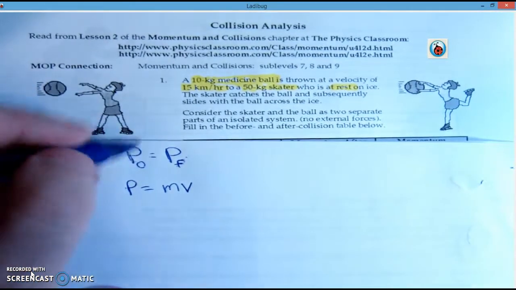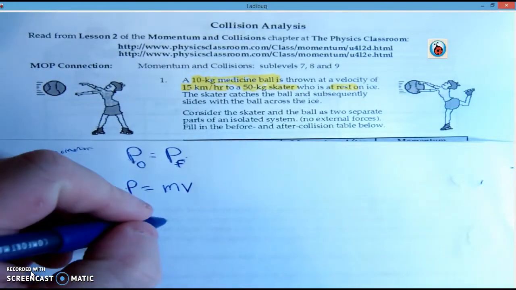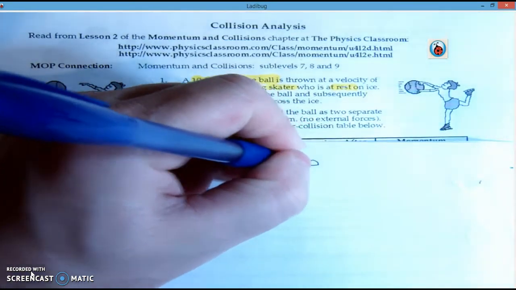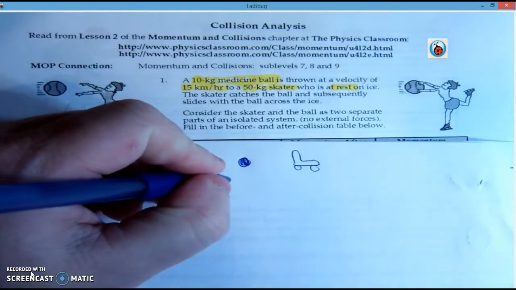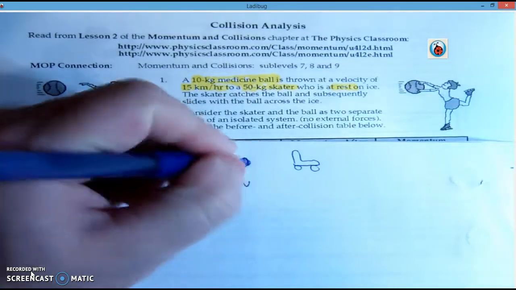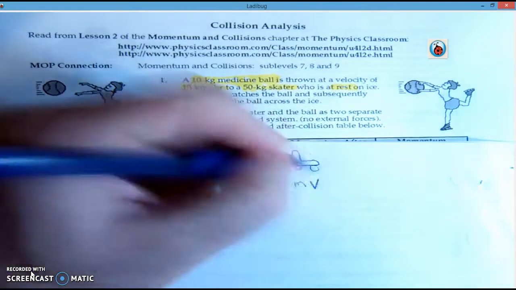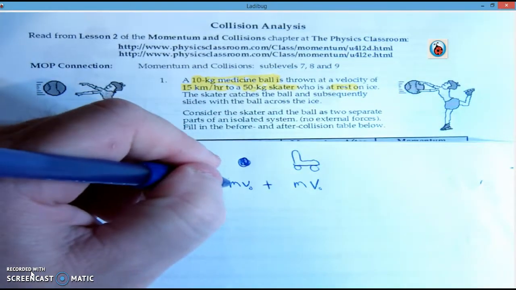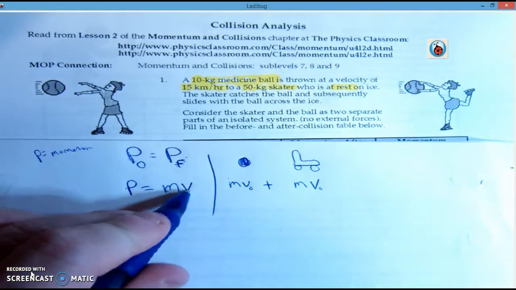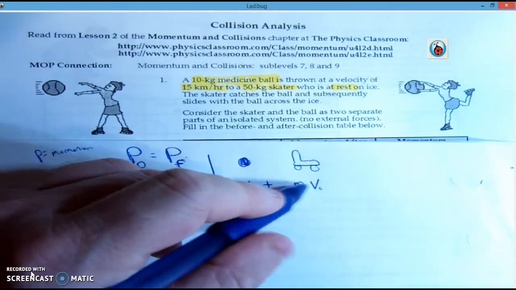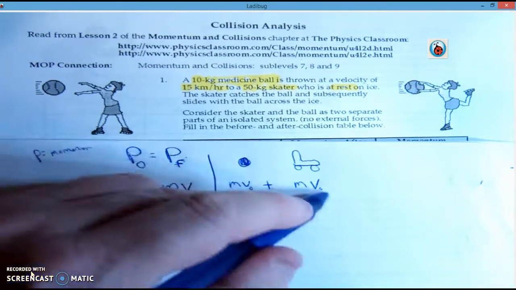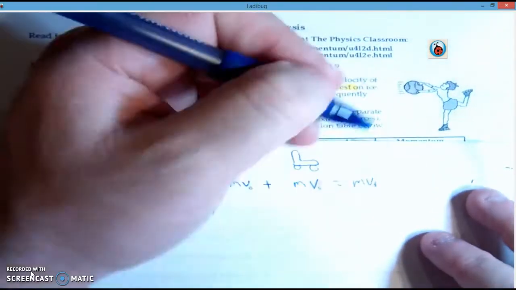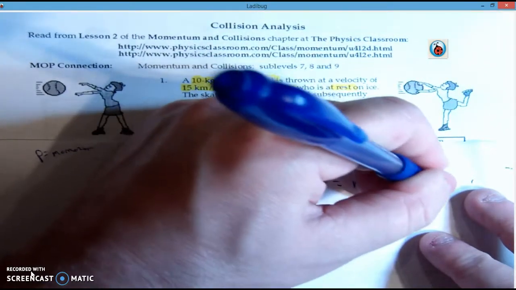So, now let's look at another formula. Because we know initial momentum equals final momentum, and we have two objects, the medicine ball and the skater, the momentum of the medicine ball plus the momentum of the skater, initial, equals the final momentum of the medicine ball plus the final momentum of the skater.